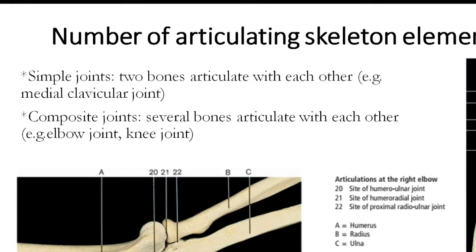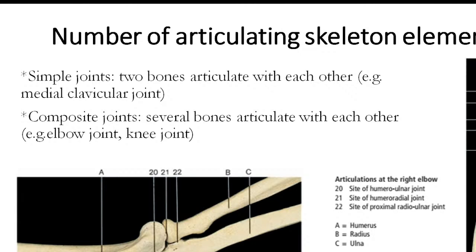Number of articulating skeleton elements. A simple joint has two bones that articulate with each other.